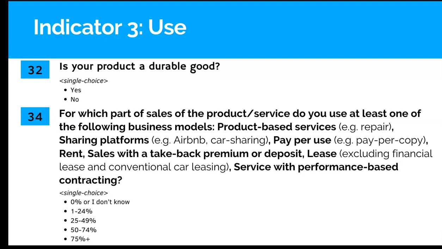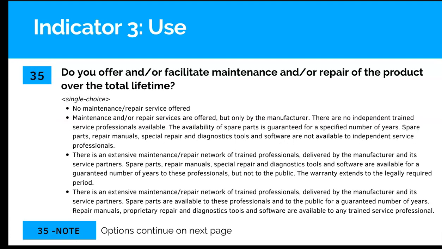So we are essentially asking for which part of the sales of the product or the services does the company employ circular business models, such as product-based services, sharing platforms, pay-per-use, rent, sales, or services with performance-based contracting. The following question is concerned also with whether the company offers or facilitates maintenance or repair of the product over its total lifetime. There are quite a few options available here, so make sure you read everything carefully.